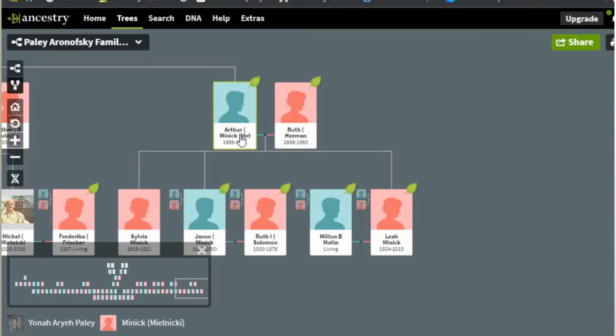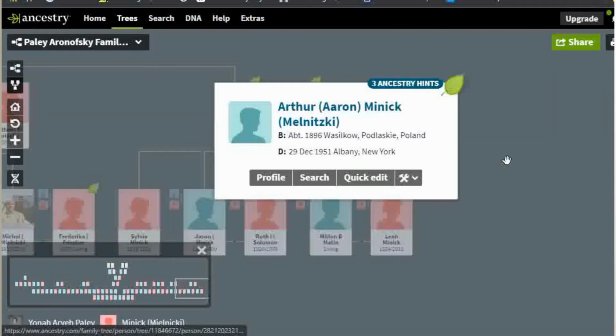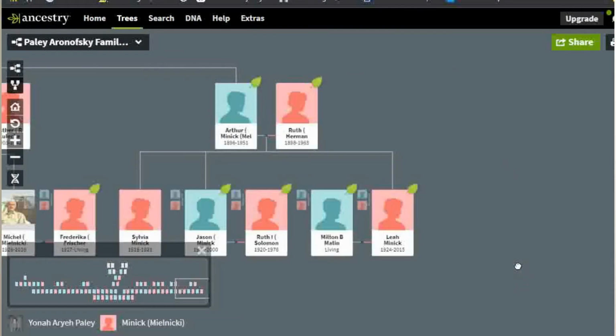But really the big kicker is the fact that his youngest child was actually also named Aaron, which indicates very strongly to me that the father actually died shortly before this son was born, because you usually in Judaism only name a child after the father if the father has died, at least in Ashkenazi Jewish naming traditions.